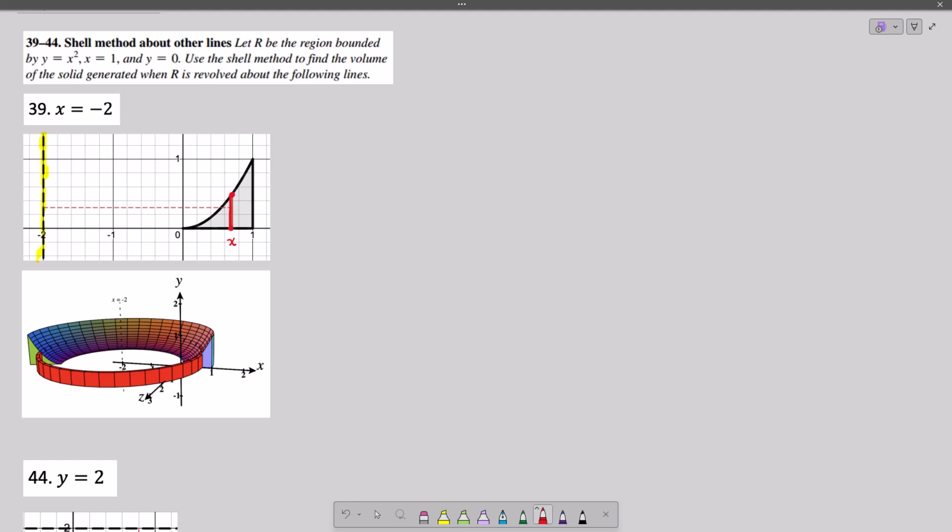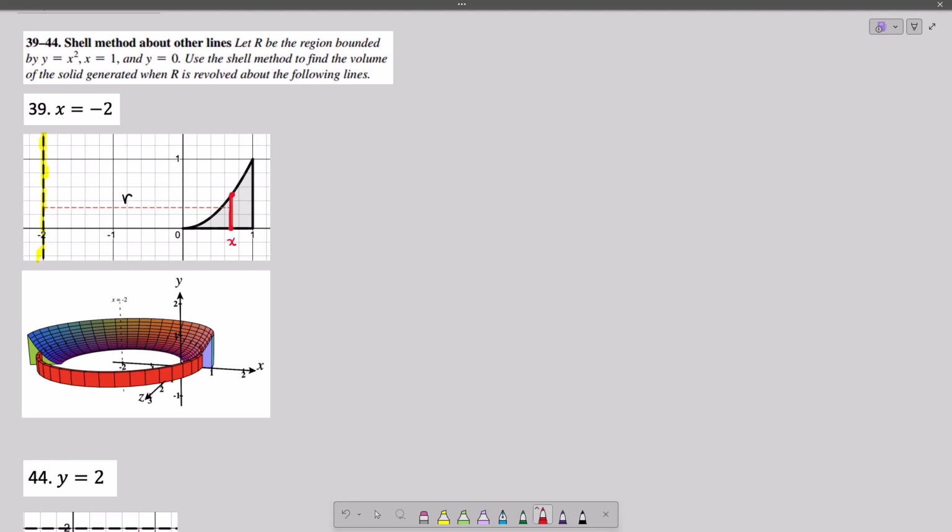The axis of rotation is sort of our anchor to the problem. Because now we have to find the radius with respect to the axis of rotation, the height with respect to the axis of rotation. Everything's sort of focused on that axis of rotation. So when we look at the radius, it is the distance between the axis of rotation and our element.